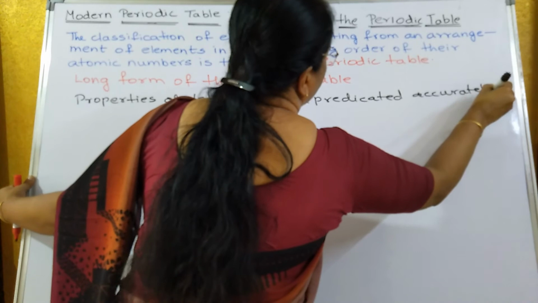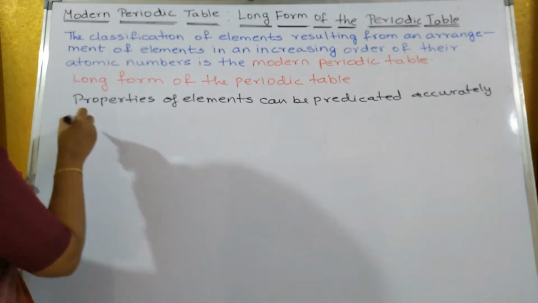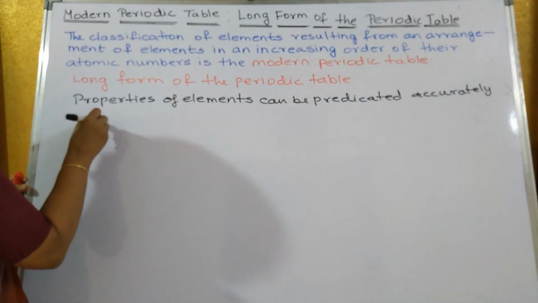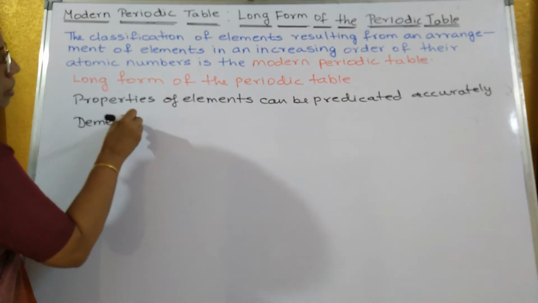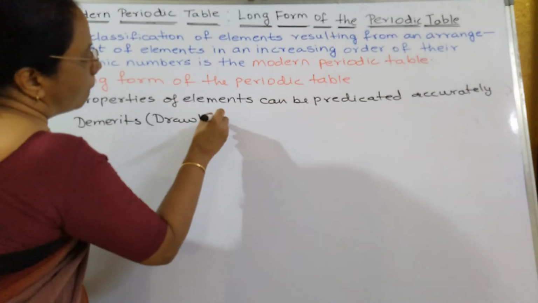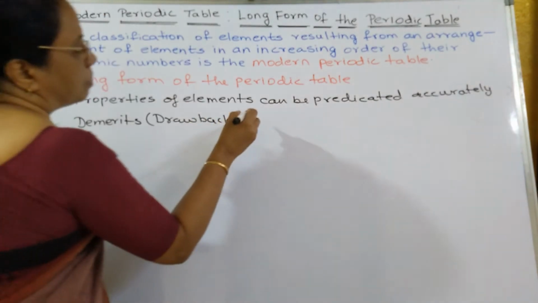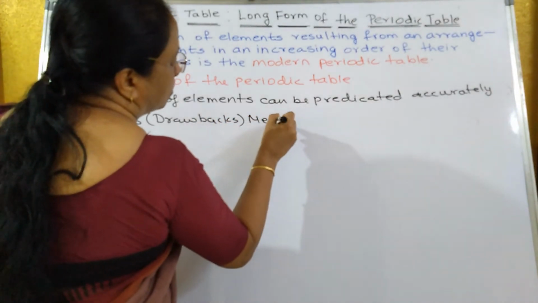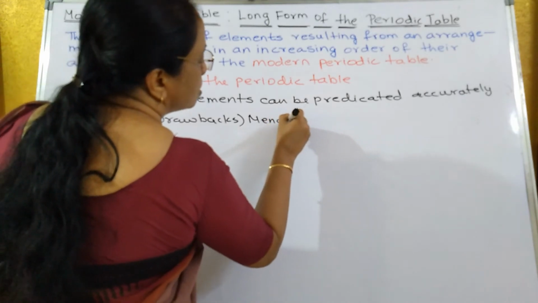Now whatever the drawbacks or demerits were there, of Mendeleev periodic table, we had studied this, I had explained about this.